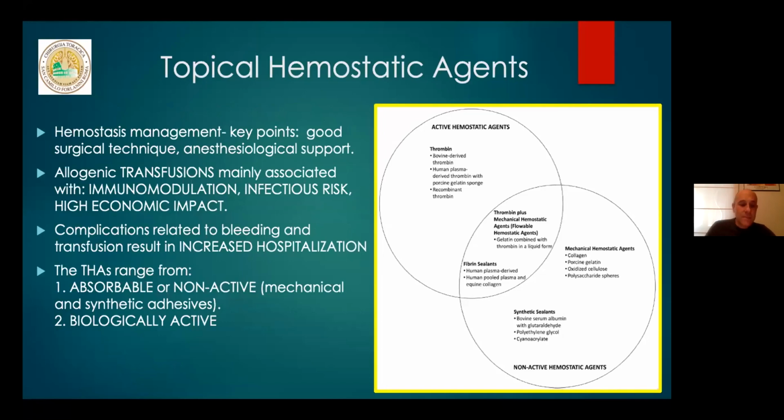Let's begin with hemostatic agents. We all know that meticulous surgical technique, as well as optimal anesthesiological support, represent the key points for bleeding control. And in case of bleeding, the use of allogenic transfusions is mainly associated with immunomodulation, infectious risk, and high economic impact, which increases hospitalization.